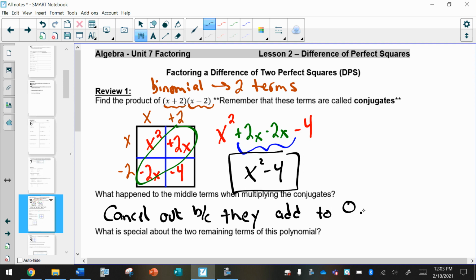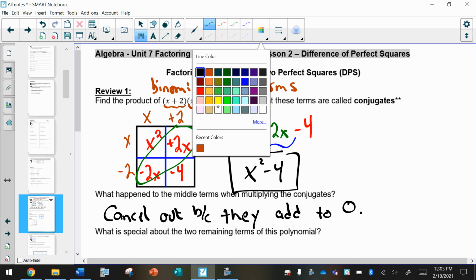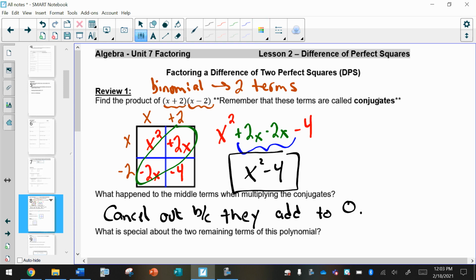Now the special term for x plus 2 and x minus 2 is called conjugates. Okay? Conjugates are two terms that are the same numbers but opposite signs, plus 2 and minus 2. So it's two binomials that are the same numbers, but in one parentheses it's a plus, the other parentheses is a minus.